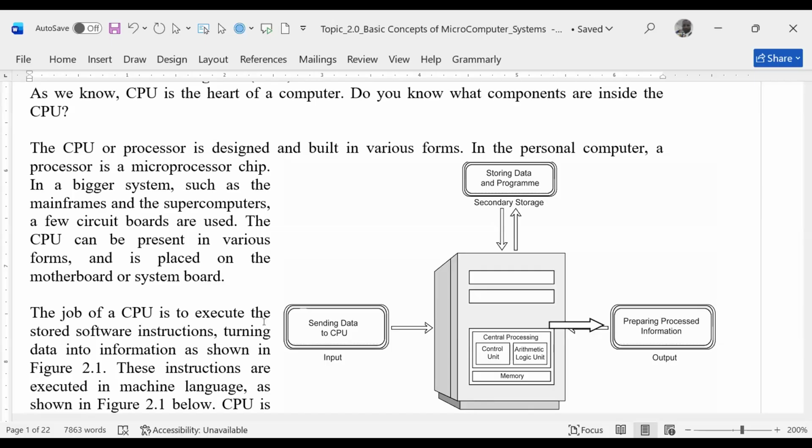But in a bigger system, like a supercomputer or mainframe, the main component that converts data into information is called a circuit board. But in our microcomputer system, the component that converts data into information is called CPU chip or processor or microprocessor. Good.